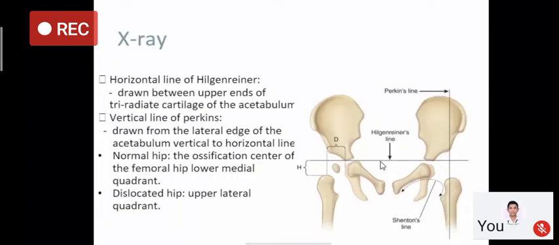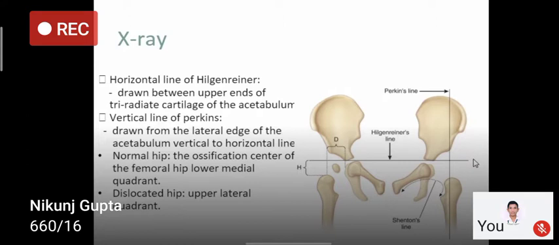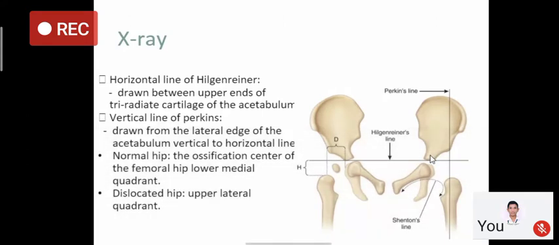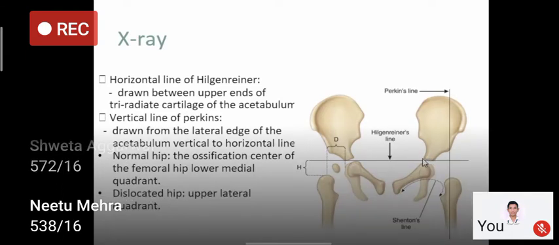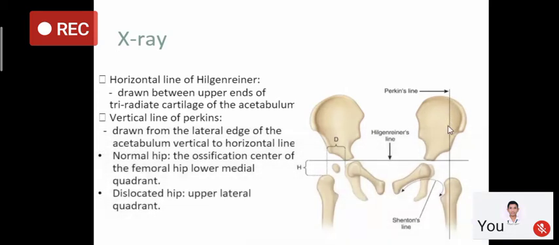Now coming on to the classical lines. You must know that this is the horizontal line of Hilgenreiner, drawn between the upper ends of the triradiate cartilage. And second is Perkin line, which is vertical from the outer edge of the acetabulum.